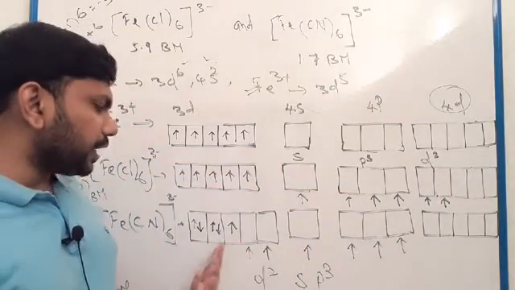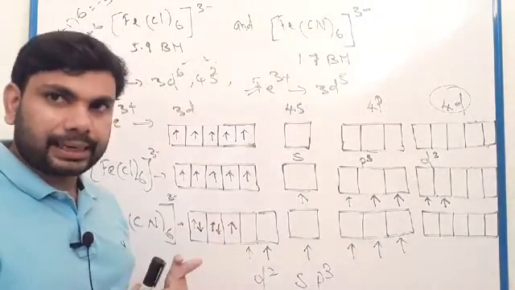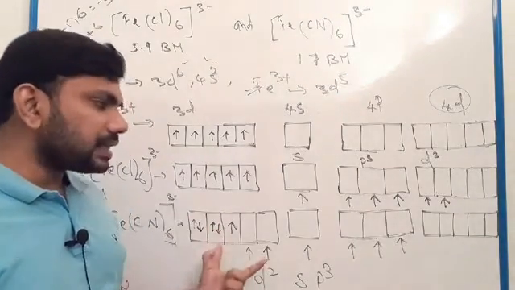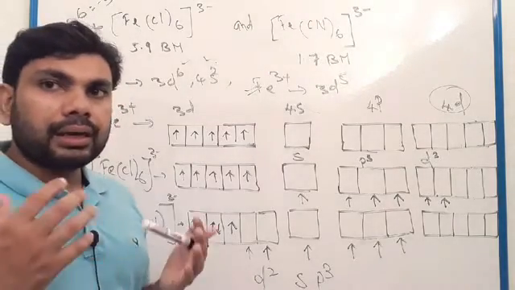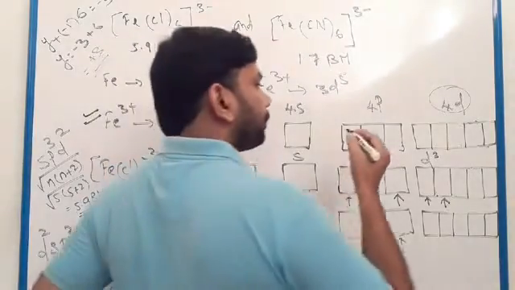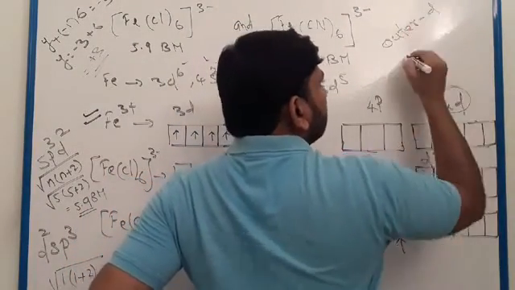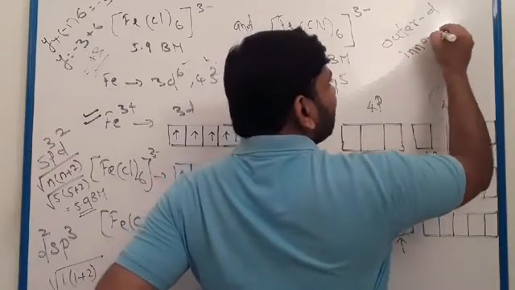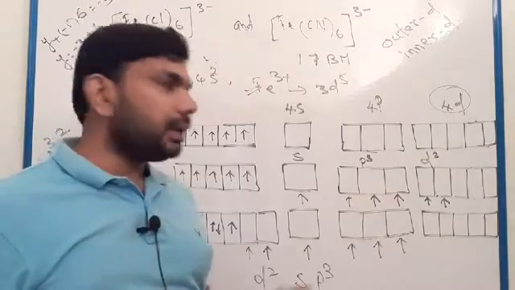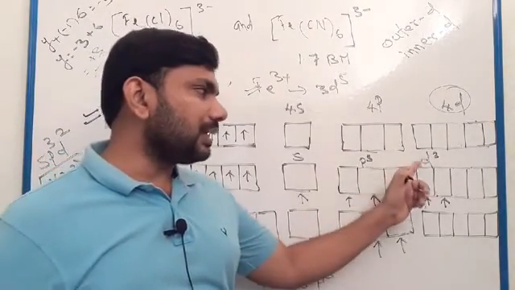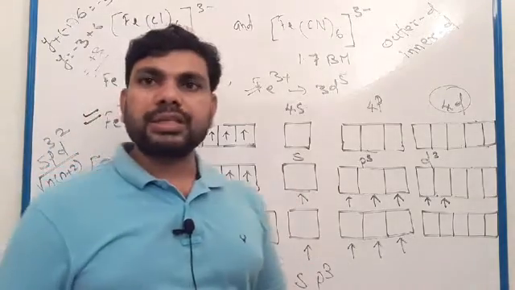In d2sp3, the d orbital is inside, so inner d orbital is involved. So remember, sp3d2 means outer d orbital, d2sp3 inner d orbital.